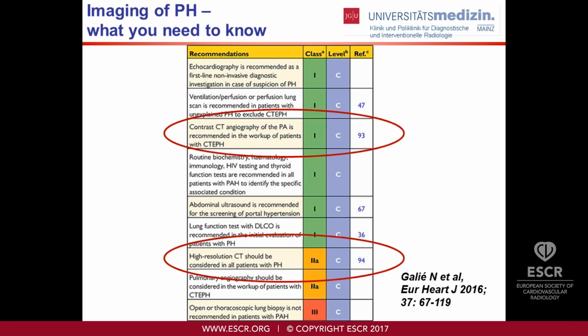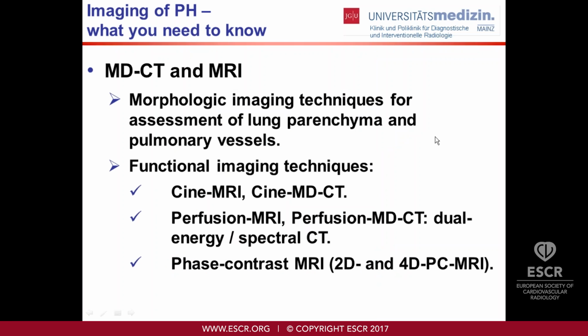If you are looking at the recently published guidelines on diagnosis and therapy of pulmonary hypertension from a radiological point of view, this is very disappointing. Why is this the case? Because if you're looking at these points, cross-sectional imaging modalities like CT are relatively sparse.